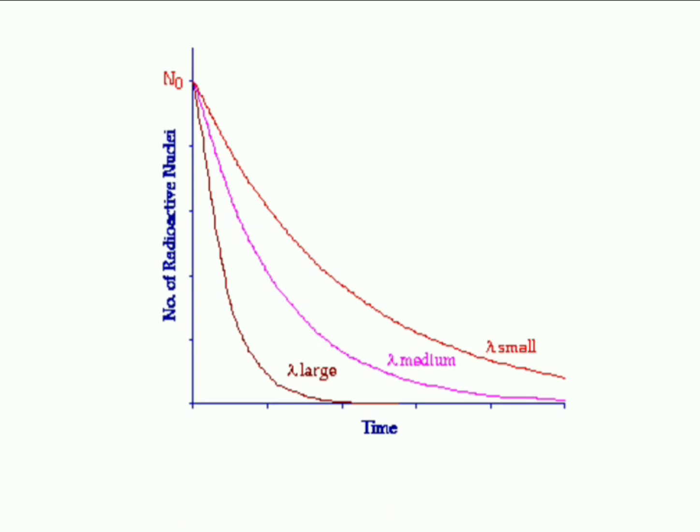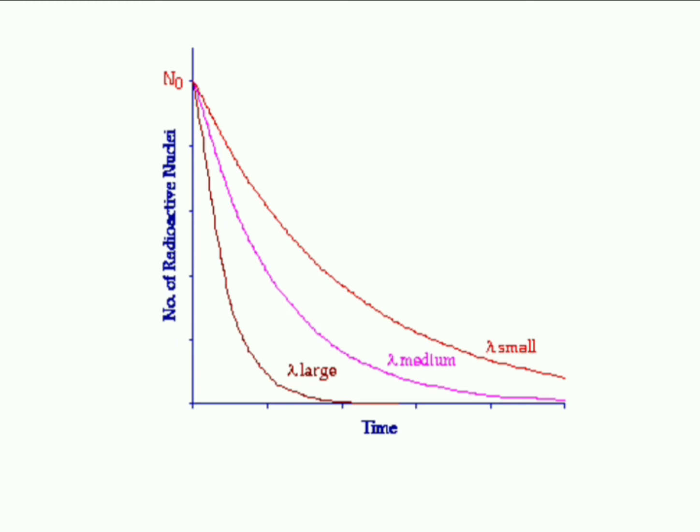Depending on the values of lambda, the curve shape is going to change. The one which is steeper has a large value of lambda, and the one which is less steep has a smaller value of lambda. So looking at the curve, you can find out what will be the value of lambda for different radioactive nuclides.